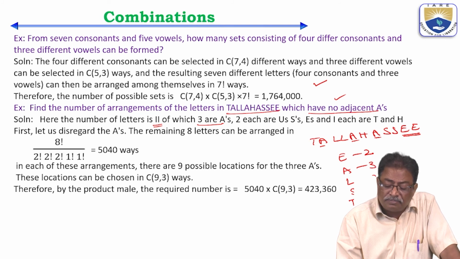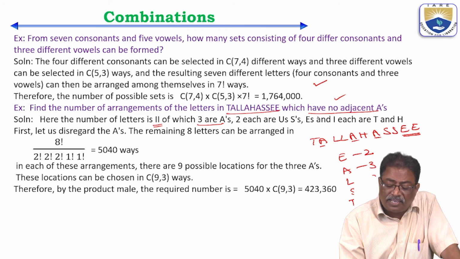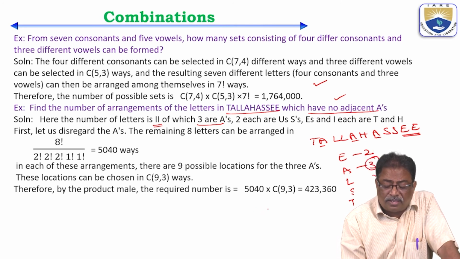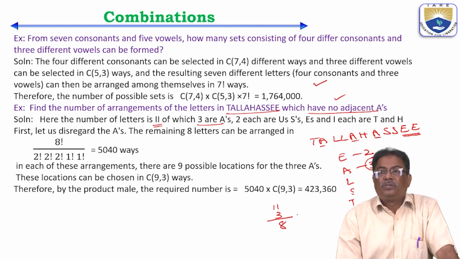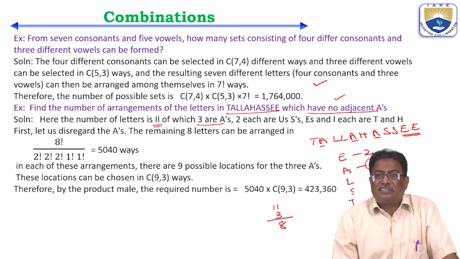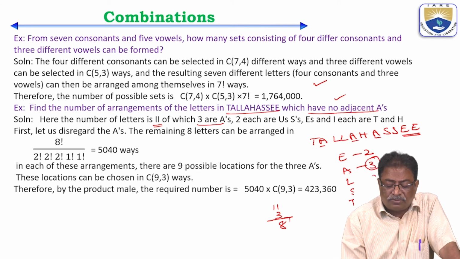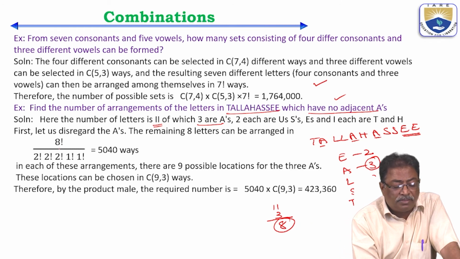Now the thing is, there are no adjacent A's. So I am going to remove these A's. There are 3 A's out of 11, so 11 minus 3, I get 8 letters. So I am not going to consider any of the A's. So now there are 8 letters.